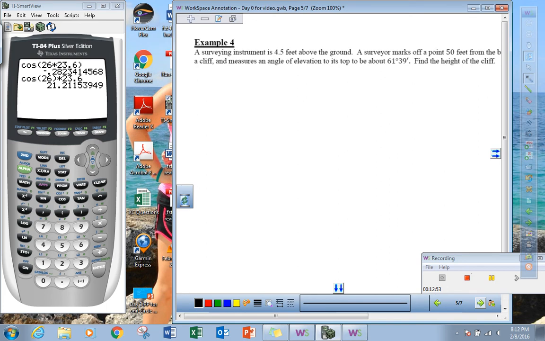Well, here's what we got going. We have some tool that's 4.5 feet off the ground, and it's eyeing the base of a cliff 50 feet away. And here's going to be the height of my cliff over here. Notice that this is not drawn to scale.